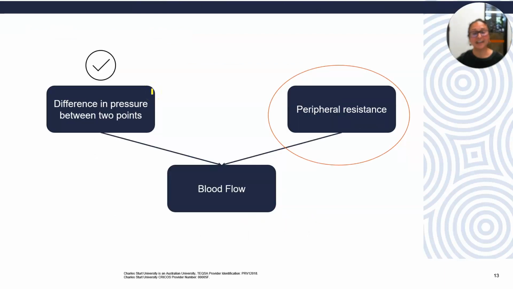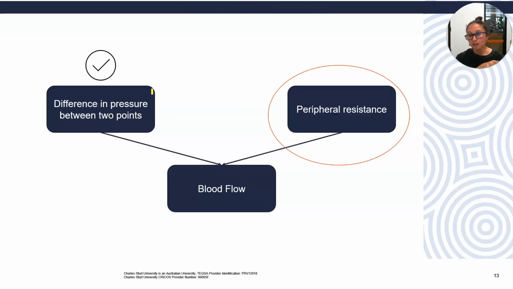All right, so we understand pressure, we understand blood flow and perfusion. What we're going to look at now is peripheral resistance, because there are two factors that affect blood flow: the difference in pressure between 2 points, and peripheral resistance.